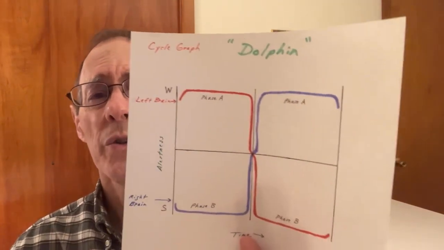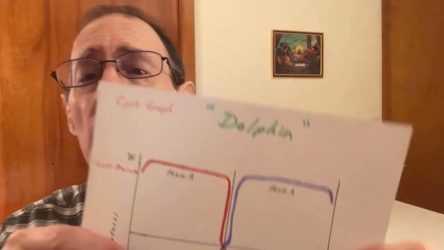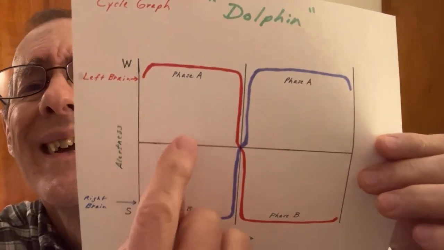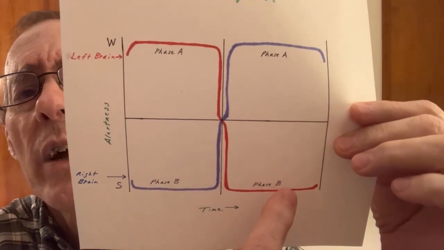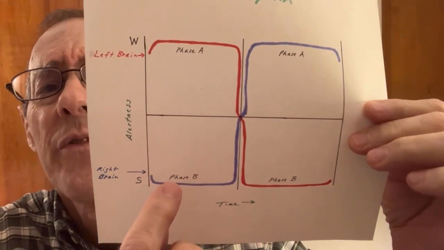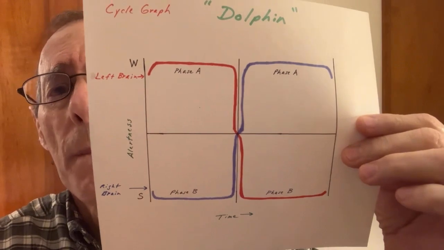Now, you could call this a double cycle, dual cycle, but you wouldn't call it two-phase or split phase or out of phase. You wouldn't call that, because this phase and this phase are part of one cycle, and this phase and this phase are part of another.